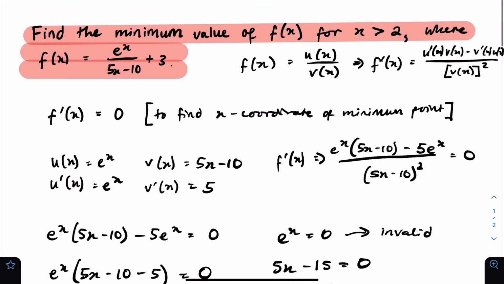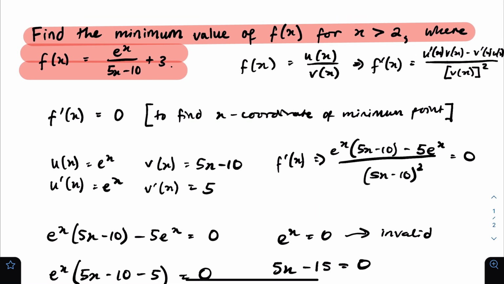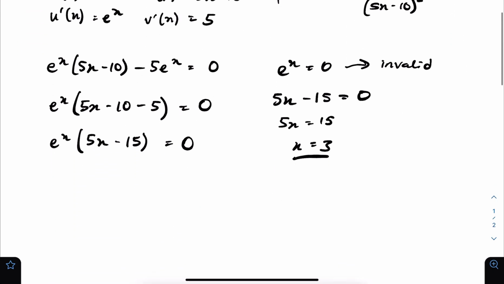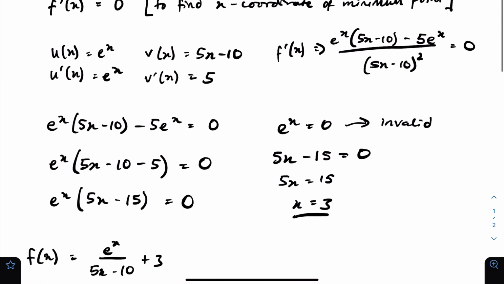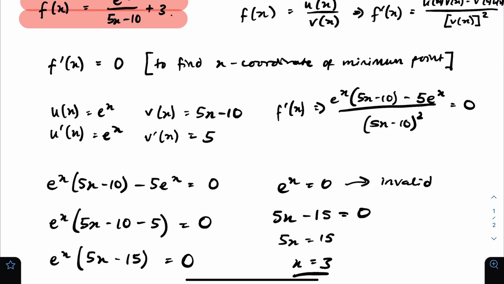We just have to substitute into the original equation to see what the y coordinate is. So f of x is equal to e to the power of x over 5x minus 10 plus 3. The plus 3 obviously went when we did the derivative of this function, so that's why it's not included.